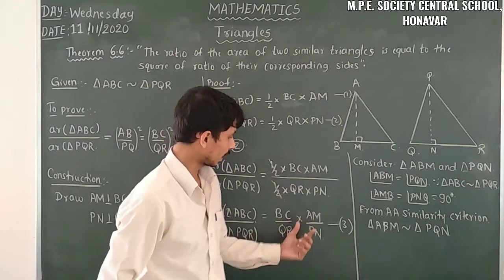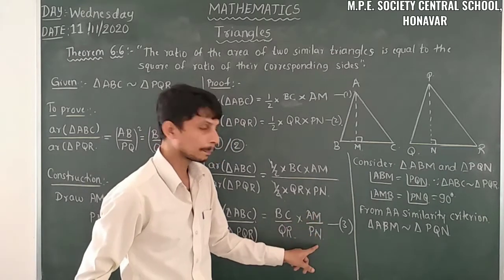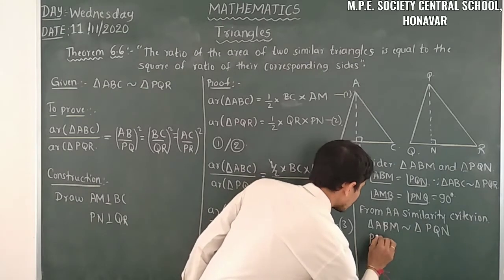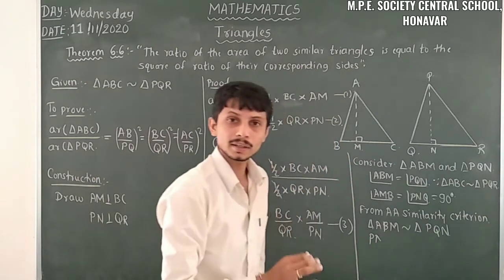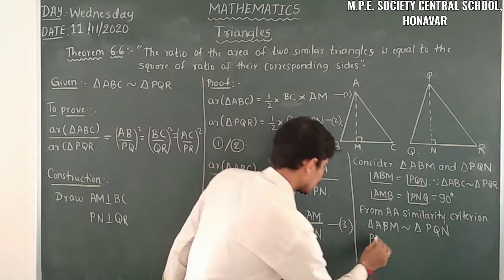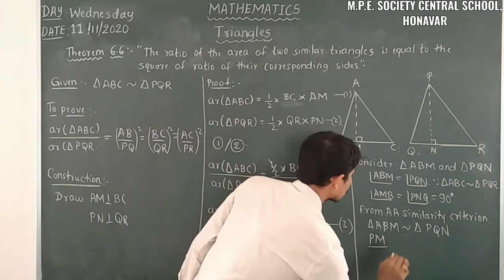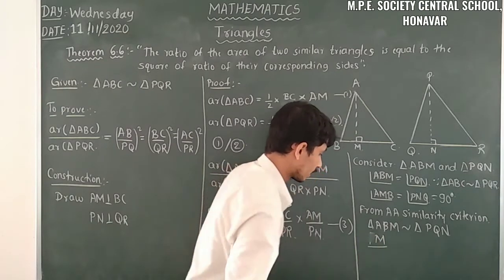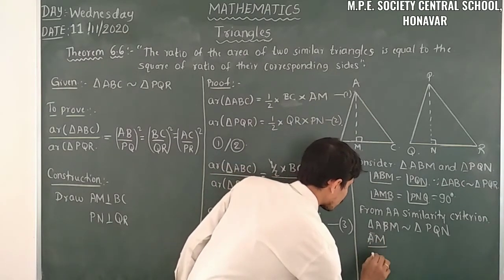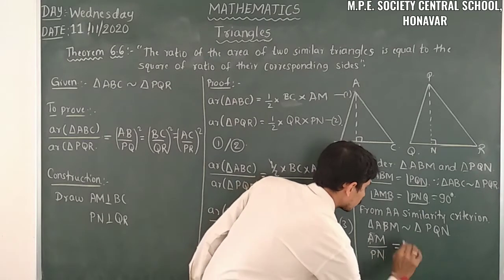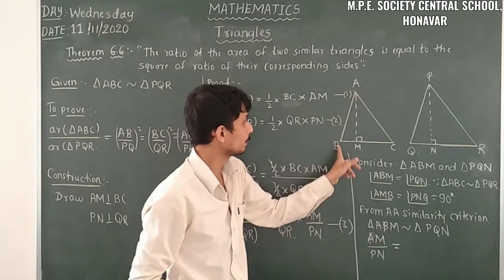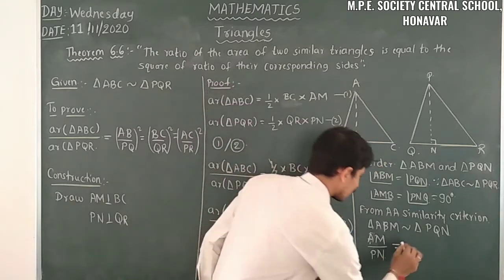Here just observe, we have to change AM by PN. One of the ratios of corresponding sides is AM by PN, which is equal to AB by PQ.